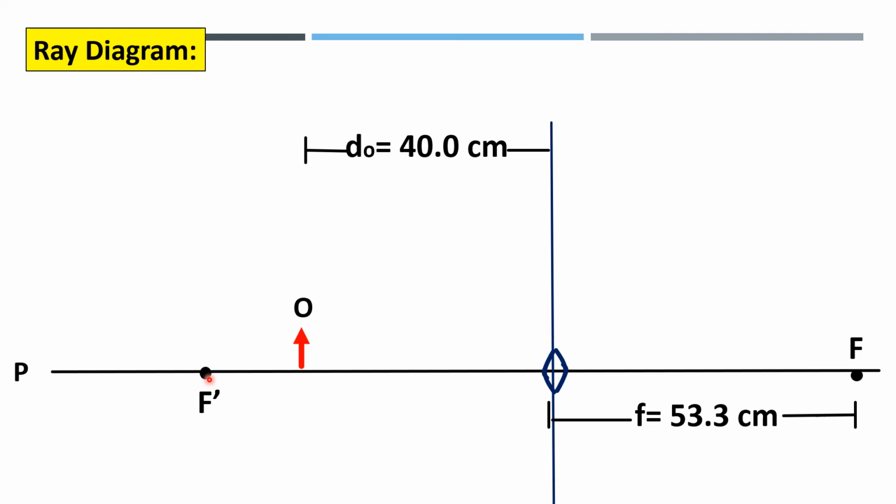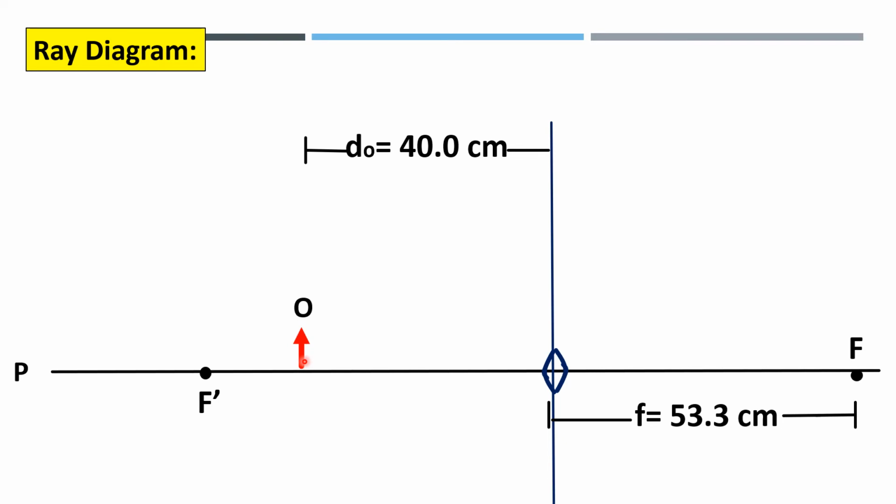To differentiate the virtual focus from the real focus, we use F prime. We read this as F prime, meaning a virtual focus. F with no prime is the real focus. We have here the object.